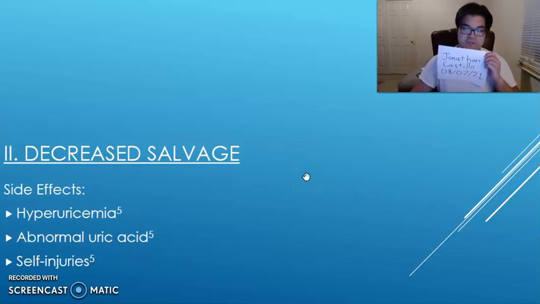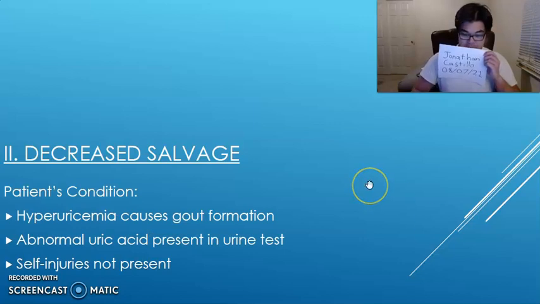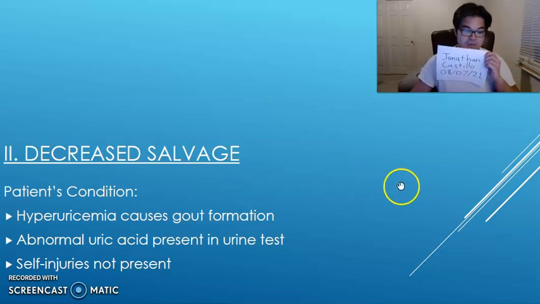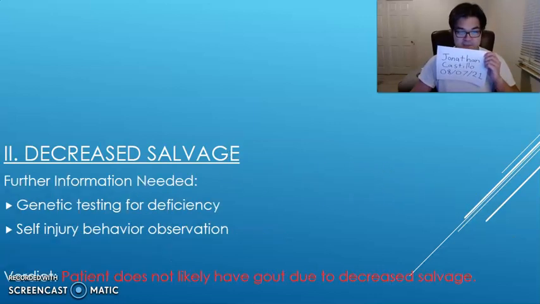Side effects of a decreased salvage condition like Lesch-Nyhan syndrome would include hyperuricemia, abnormal uric acid values would also be present, and most people with Lesch-Nyhan syndrome also have self-injurious behavior like biting lips and headbanging. In comparison, hyperuricemia would explain why the patient's uric acid levels were higher than normal, causing gout. This condition would also explain the lower than normal uric acid in the urine test, but the patient had no evidence of self-inflicted injury or trauma other than the gout.